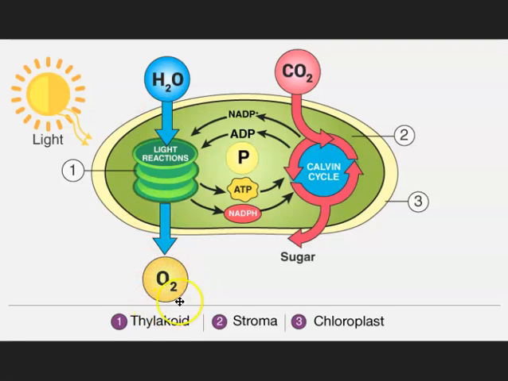Our oxygen atoms are going to combine and form oxygen gas and be given off as a byproduct. The ATP and NADPH are going to carry the energy in their chemical bonds out into the stroma, which is where the Calvin cycle is going to take place.